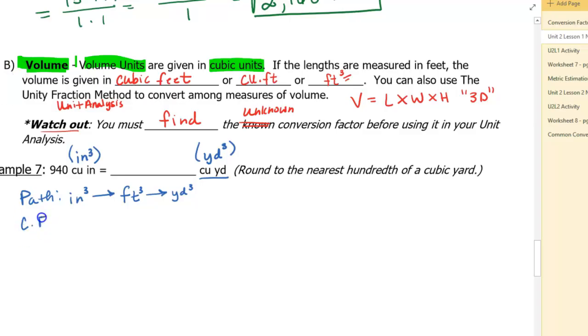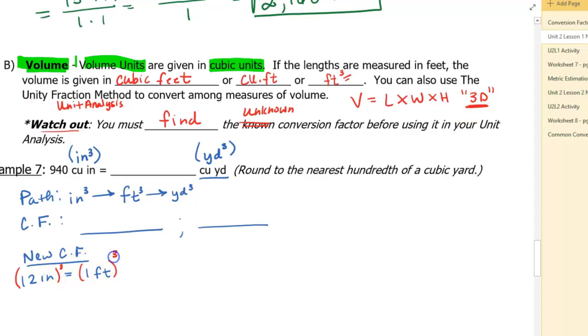The conversion factors we're going to use, we have to build. The first one we're going to build from 12 inches equals 1 foot. In the previous example, we squared both sides. But in this case, since we're dealing with volume, which is three-dimensional, we're going to cube both sides, or raise both sides to the third power.